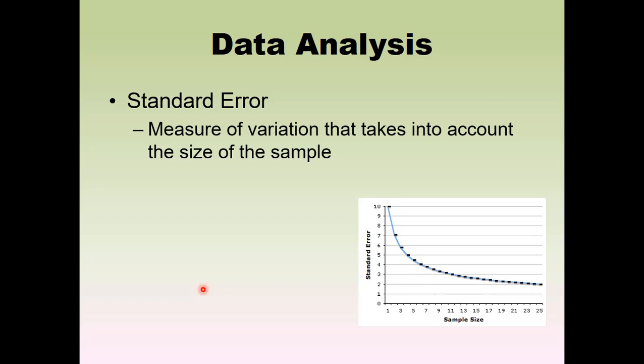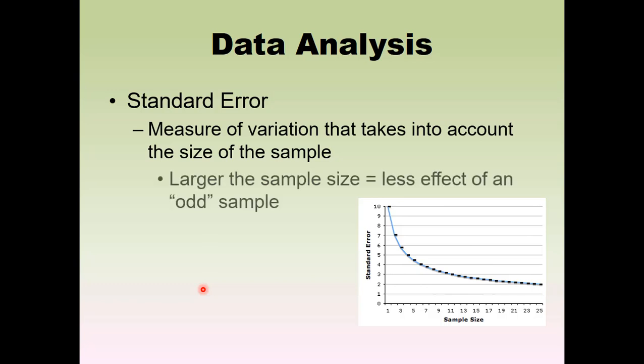It takes into account how many individuals or how large of a sample size you have. And when we use the term error in this case, it doesn't mean a mistake. In this case, standard error is referring to chance events in sampling, that you drew an odd sample.